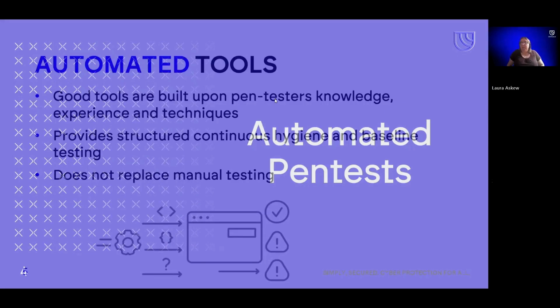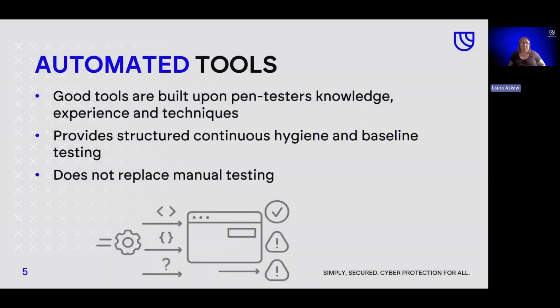So that in mind, automated tools are built on pen testers' knowledge and experience and the techniques that they use. So they're very good at maintaining a base level of good cyber hygiene, because they go out and they do the things that we tend to see time and time again as the findings in manual pen tests. So it provides structure. You can have it on a regular basis, and you can make sure as things are added into the network that they are not introducing vulnerabilities that you've previously remediated.